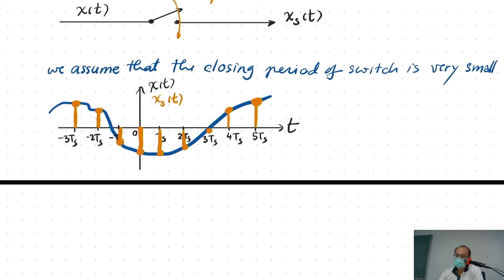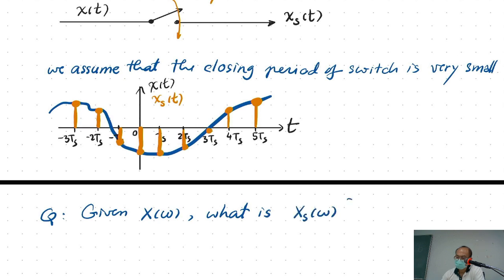The question is, given the spectrum of x, what is Xs(omega)? We try to find the spectrum of xs, the spectrum of the sampled signal.